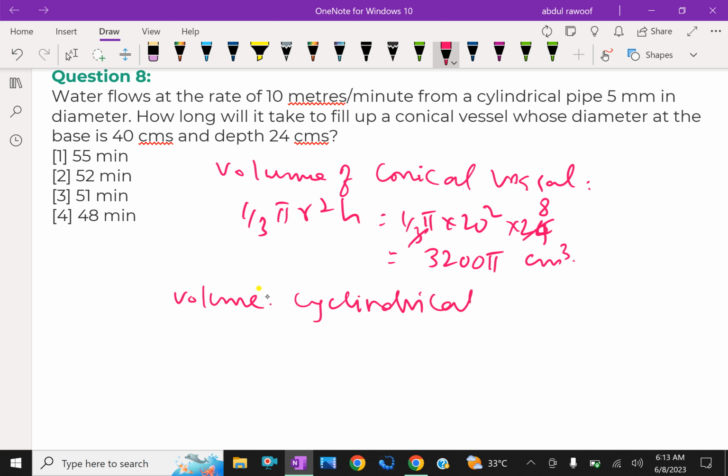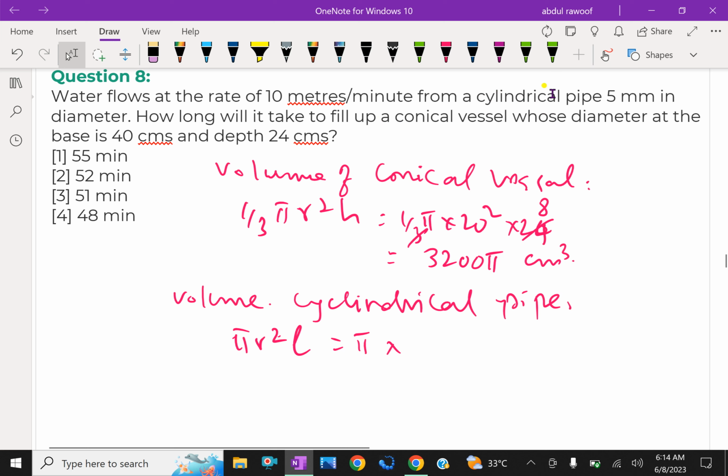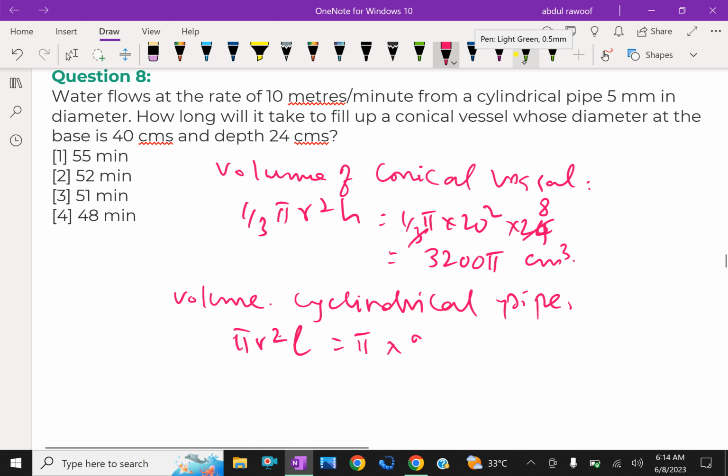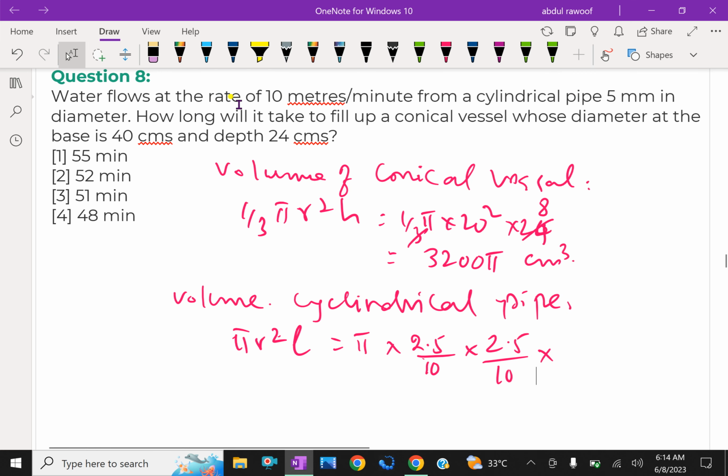Volume of cylindrical pipe equals pi r squared L. The 5 mm diameter means a 2.5 mm radius, which is 0.25 centimeter, and 0.25 into the length of flow, 10 meters per minute.